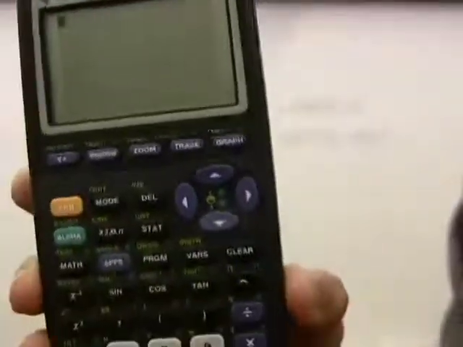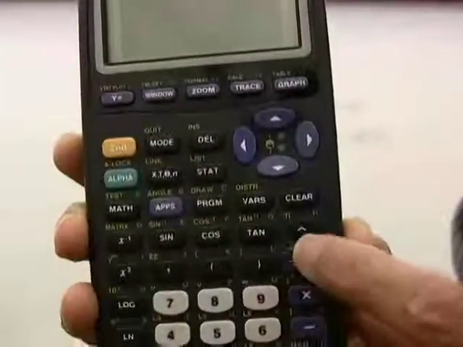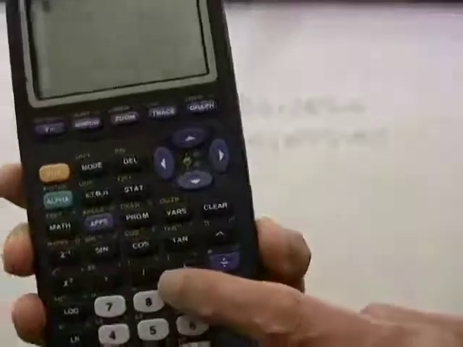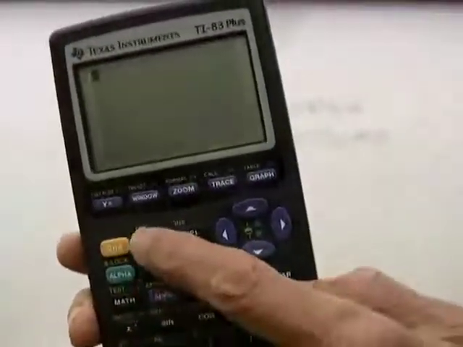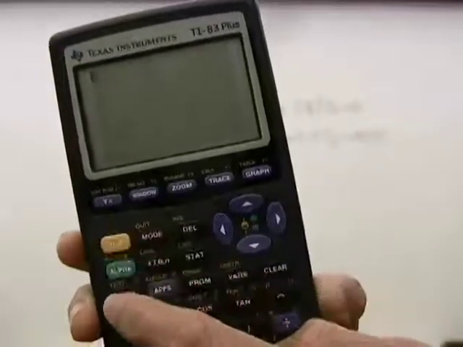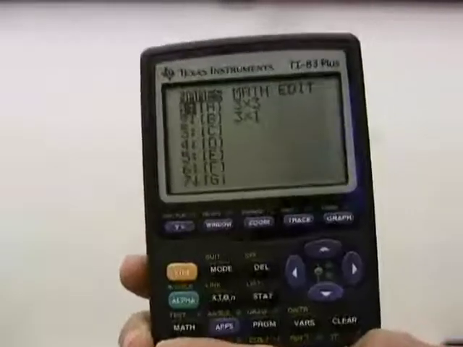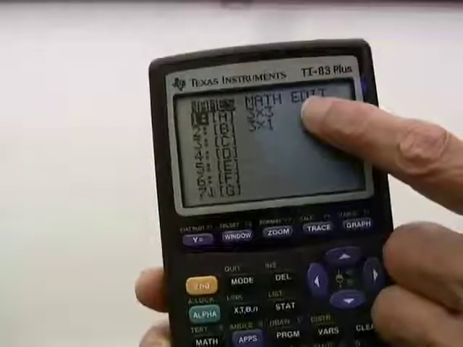Alright. Now this is the TI-83 calculator. What you need to do is the matrix function is on x to the negative 1. You see that? So go second x to the negative 1. That gives you the matrix function. We need to start on here, edit.